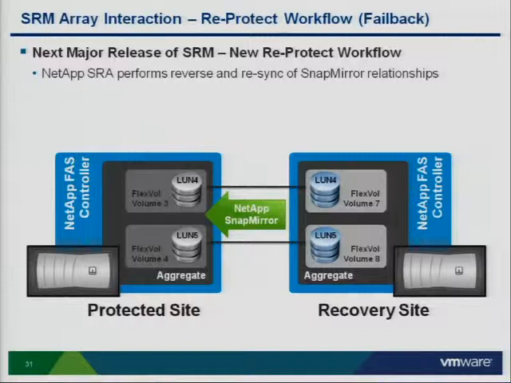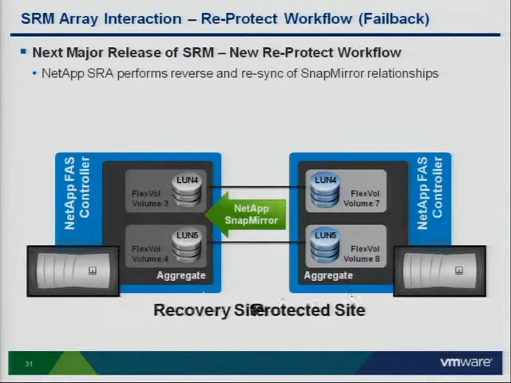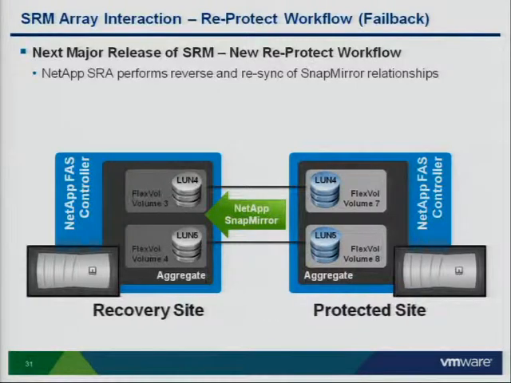You can just replicate back the deltas, whatever new data you've written there. The final step in the workflow is that SRM will reverse the roles of the two sites within this recovery plan. From there, everything works exactly as the failovers you would normally do. So you would just do a planned failover back to the primary site.